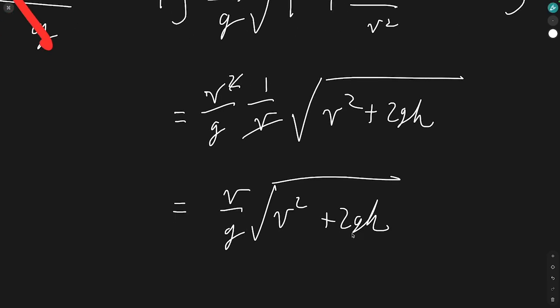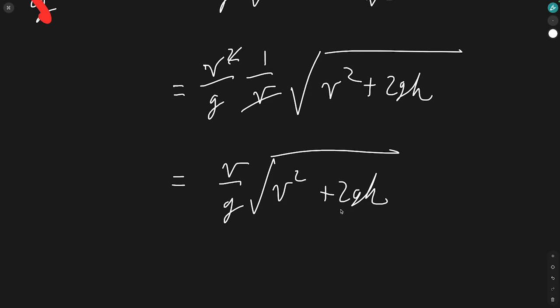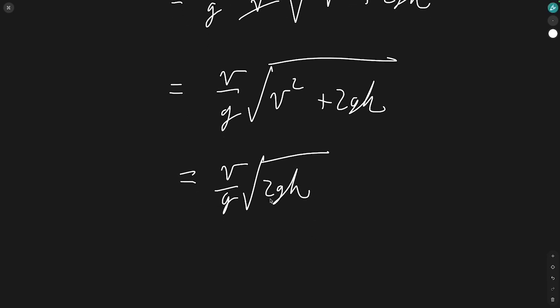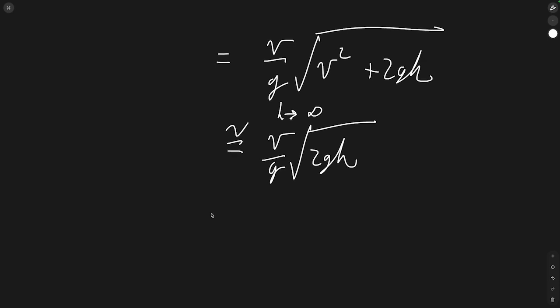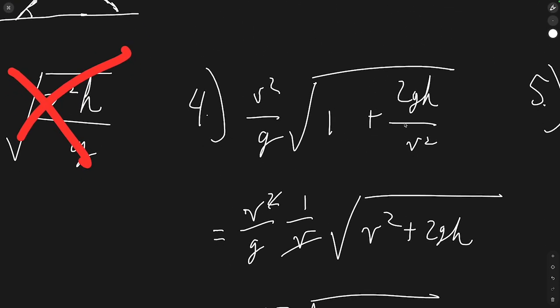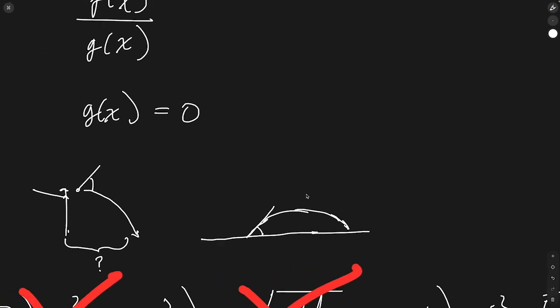So when h goes to infinity, this term becomes the dominating term, and then this goes to infinity, right? So that seems fine. I mean, the point is that it goes up with h, right?